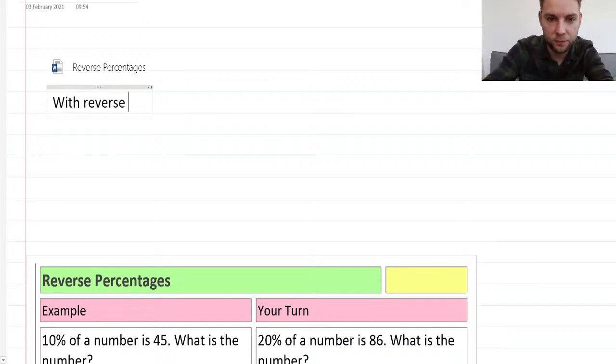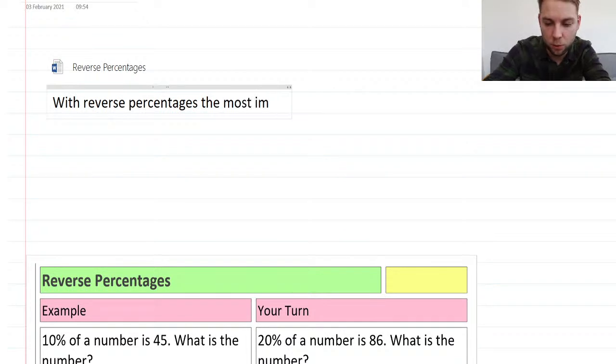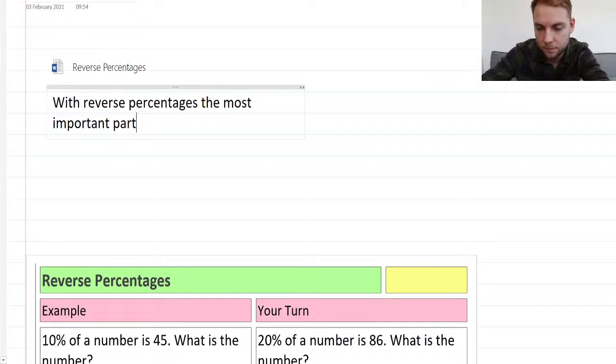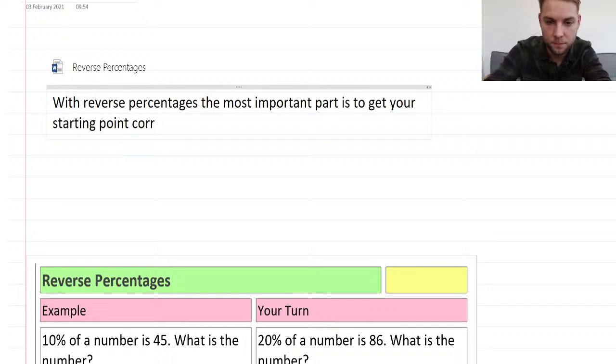With reverse percentages, the most important part is to get your starting point correct. Okay, so get that down first of all.